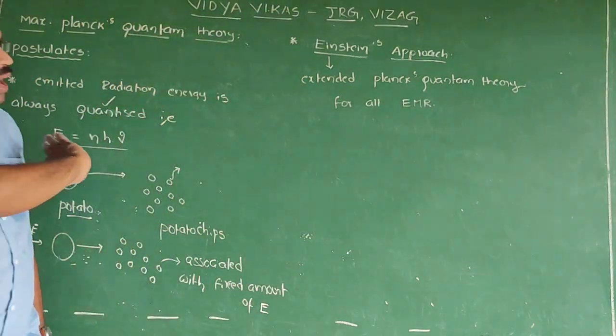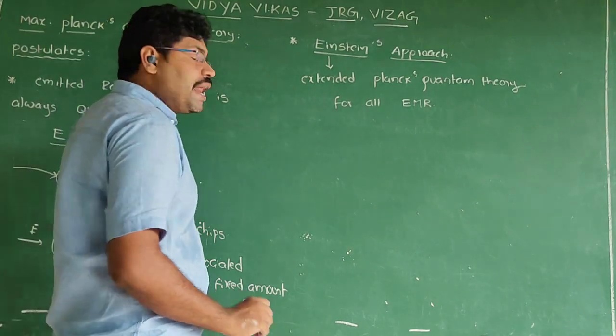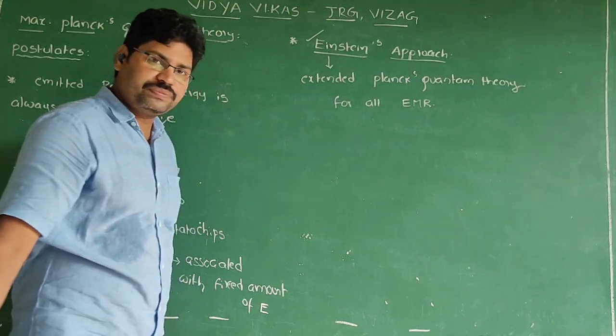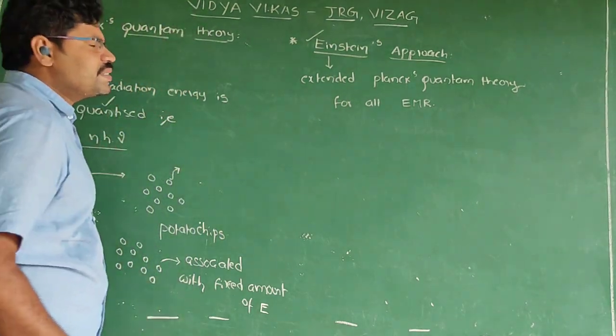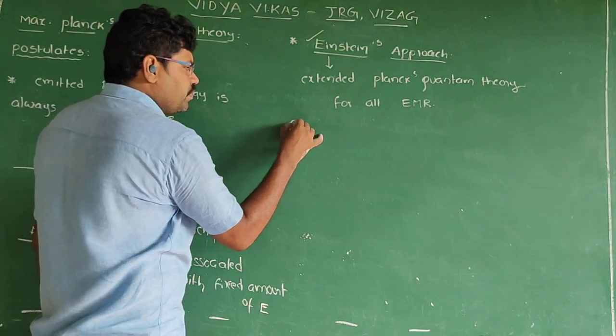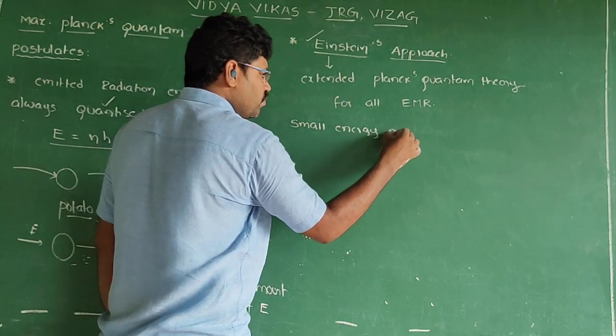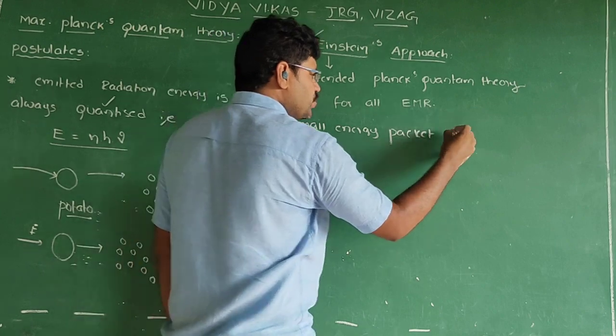For all electromagnetic radiations, Planck's quantum theory is extended by Mr. Einstein. The only difference is, in Planck's quantum theory, that small energy packet, what we call, that is quantum.